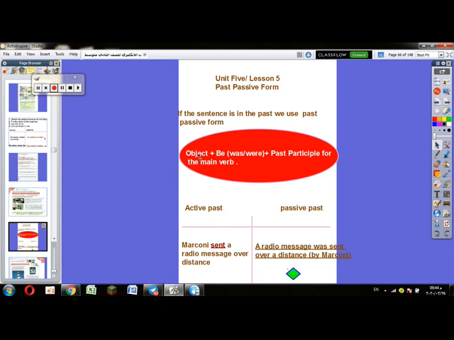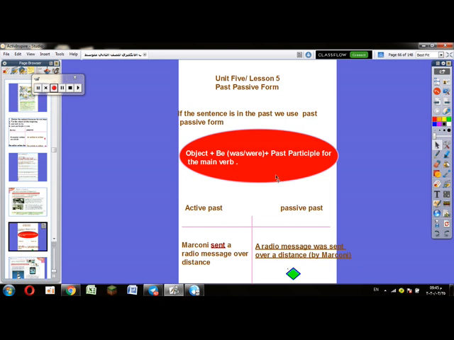We put the object because we know that the action or the subject is not important or less important. Then we need to pick a verb to be like was, were instead of is and are. Then past participle for the main verb. So it's the same rule, but we just replace is and are with was and were.